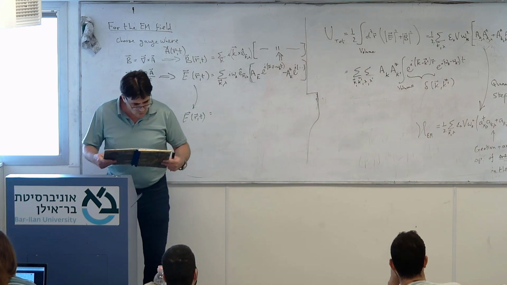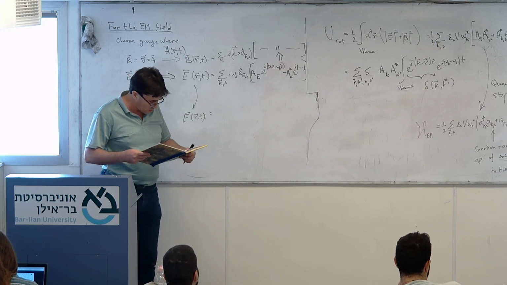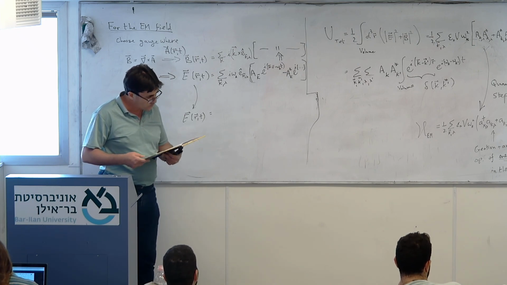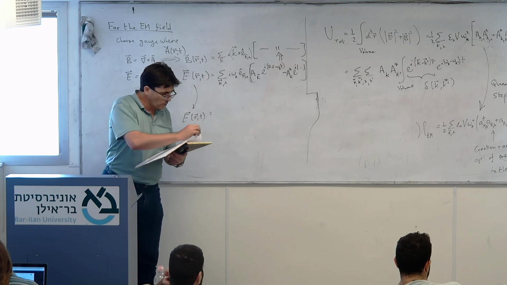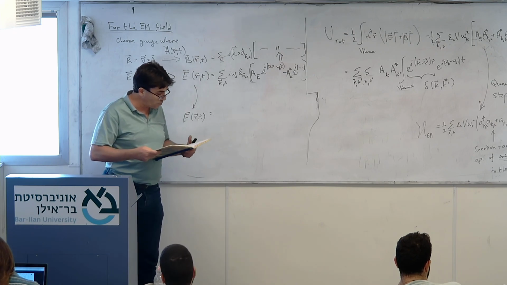let's see, there's a normalization point or something. I want to get the expressions at least once right.